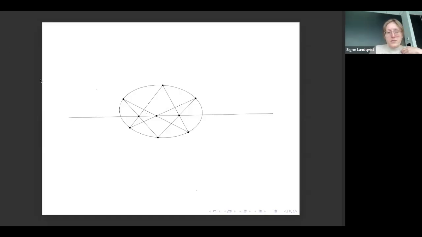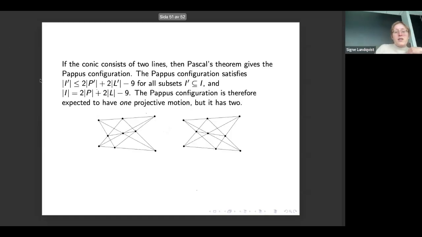Okay. And if this conic happens to consist of 2 lines, then Pappus's theorem basically results in this configuration. So you have 2 sets of 3 points on a line. So you have these points and these points. They lie on a line, and then you have a hexagon on those 6 points.